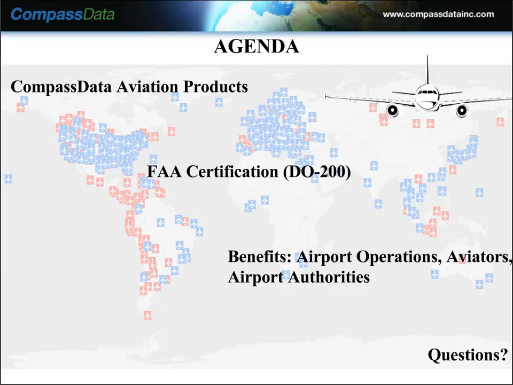Then an overview of the product, the pedigree of the DO-200 certification and what that means, the life cycle of how the data is created in that authoritative process, and then we'll touch on some of the obstruction data that we have that is a byproduct of the DO-200 data that we're creating, and look at some of the market-specific benefits.